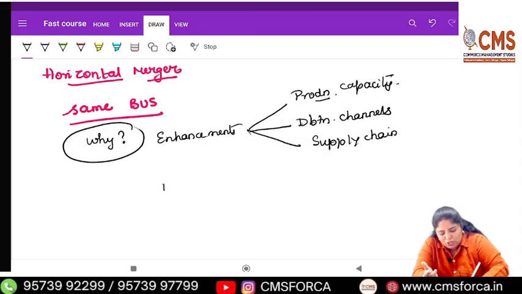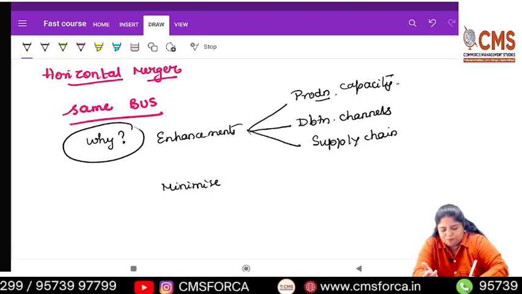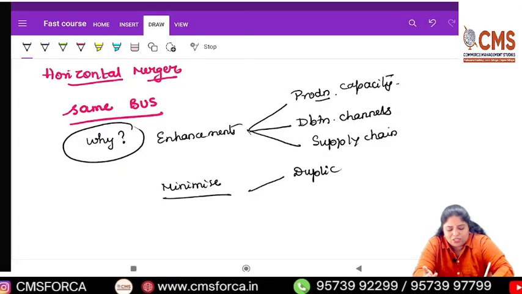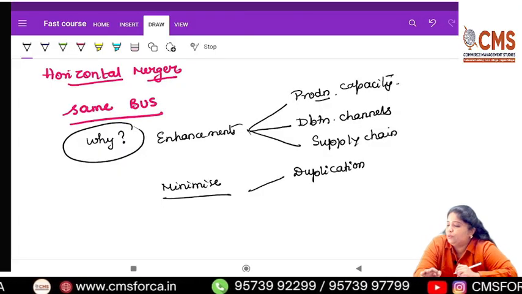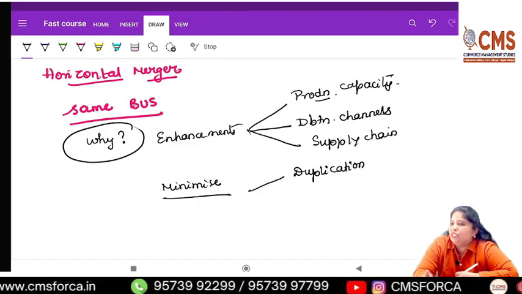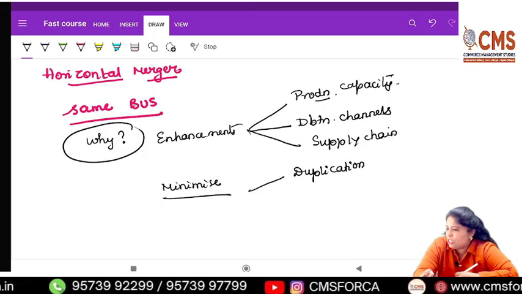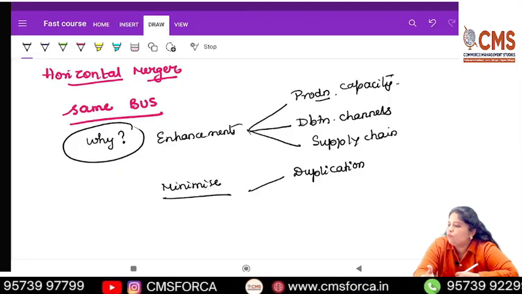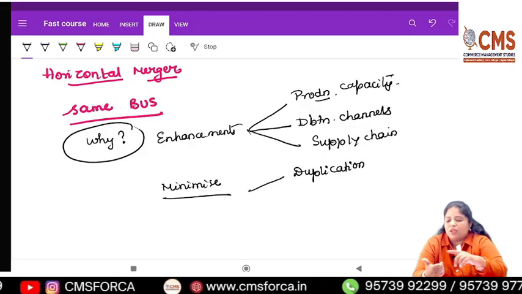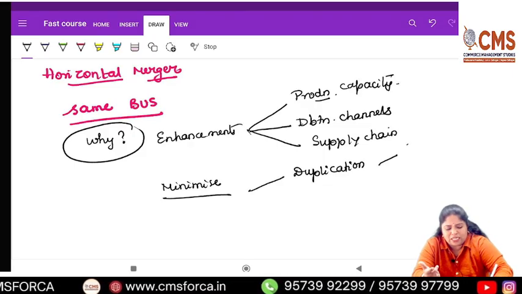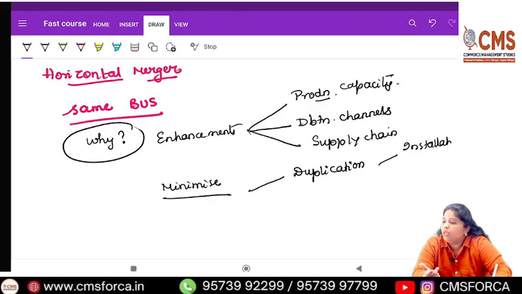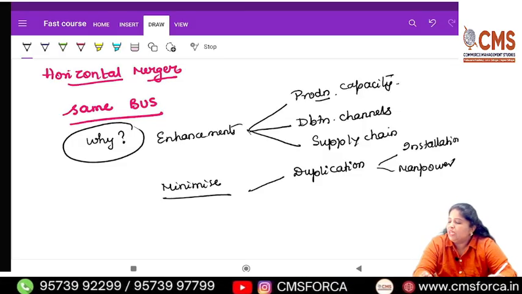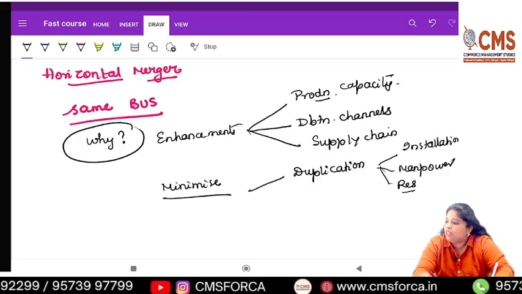And moreover, you can also try to reduce duplication. When a horizontal merger happens, a lot of duplication is reduced. What do you mean by duplication? Installation efforts, hardware, software, manpower, similar activities. They are in the same business, so why should they have duplication? A lot of installation might get duplicated, and we can see duplication in manpower and in a lot of other resources.